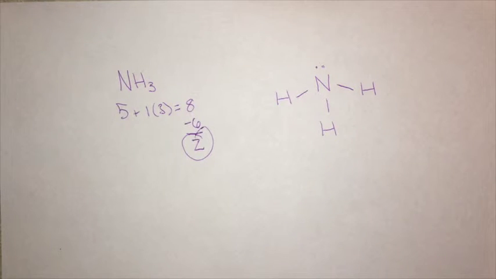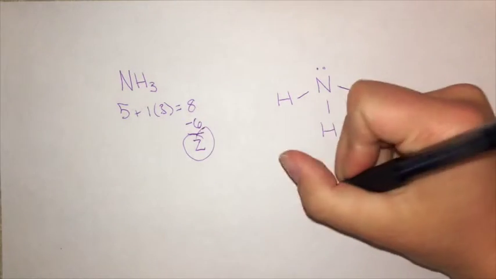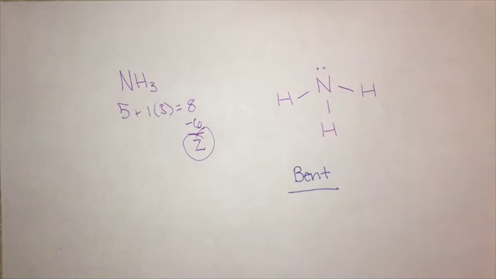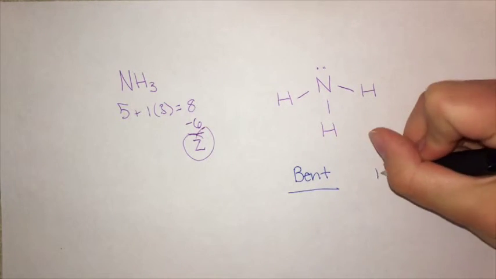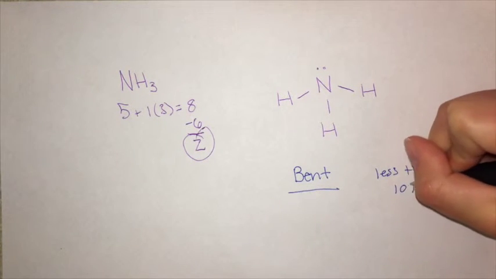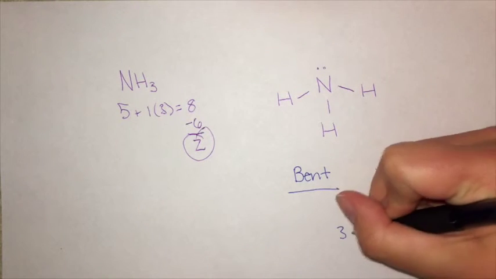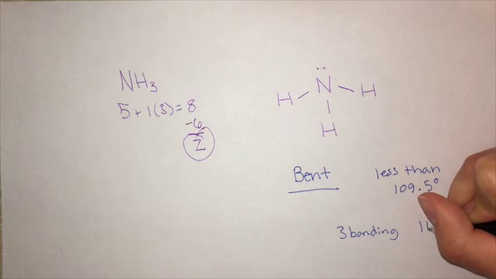Okay, since NH3 has 3 bonding pairs and 1 lone pair, it is going to be a bent molecule. And the angle between the atoms is going to be less than 109.5 degrees. So that's our molecular geometry for NH3, since there are 3 bonding pairs and 1 lone pair.